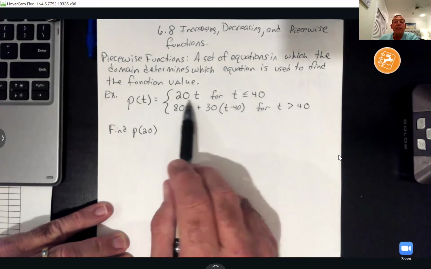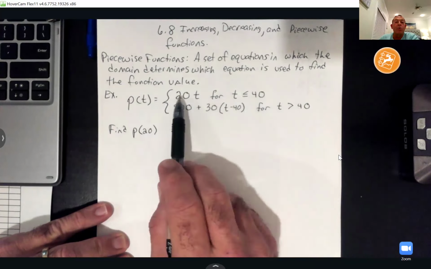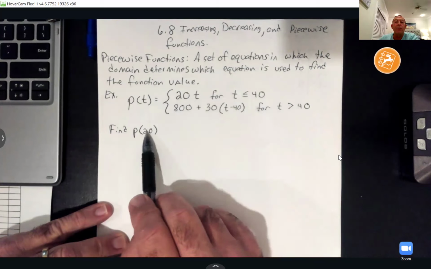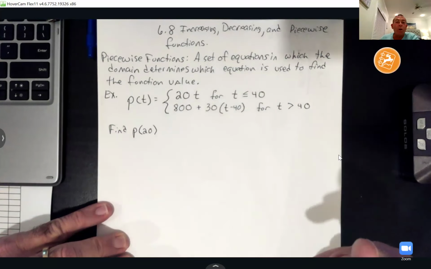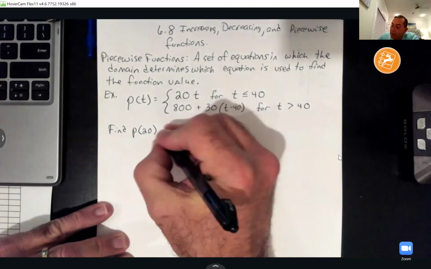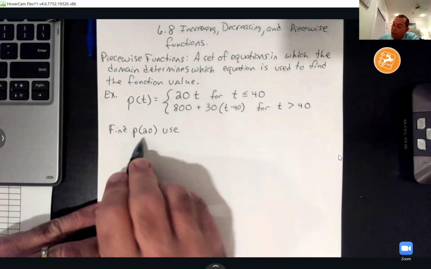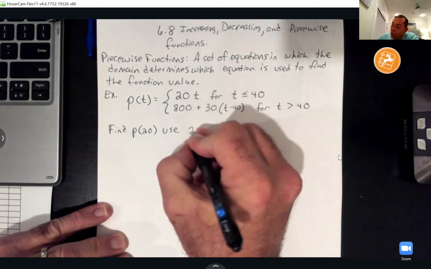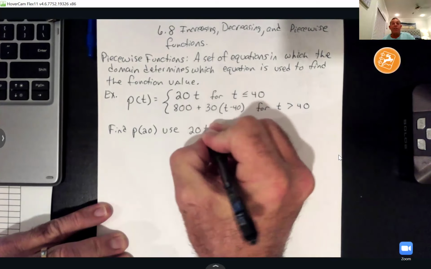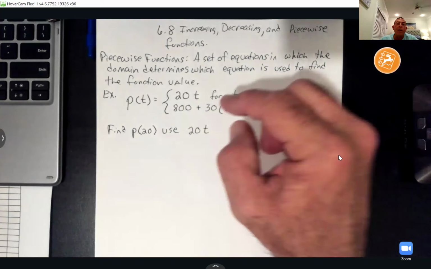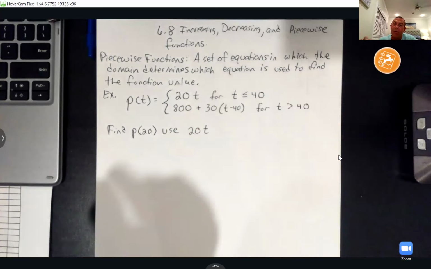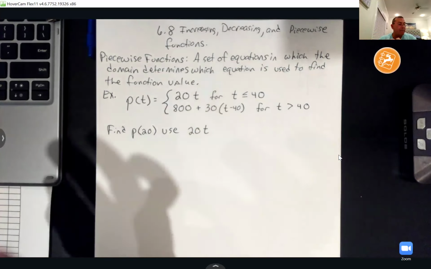So I would use this equation, and I would do 20 times the 20 hours, and that'd give me what, 400 or so. So if I want to find P of 20, I would use the 20T equation, okay? So they're going to give you sets of equations, and they're just going to know which equation you're going to use to find the value they want you to find, okay?